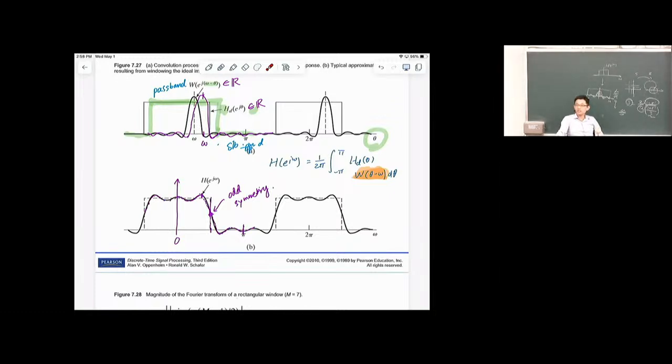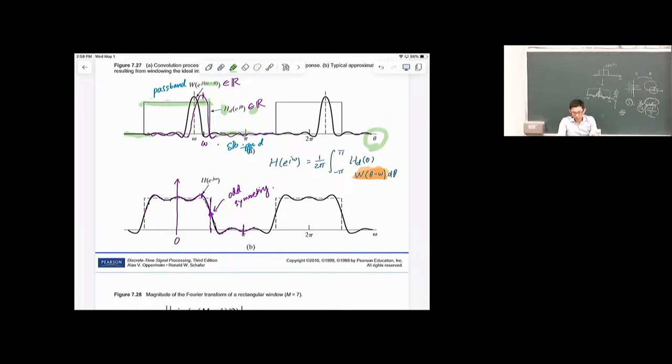Multiplication in the time domain is actually convolution in the frequency domain, okay? When we convolve our ideal response with the Fourier transform of that window, this is what we get, okay?